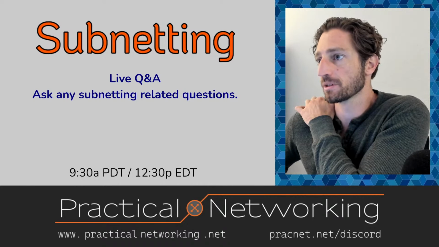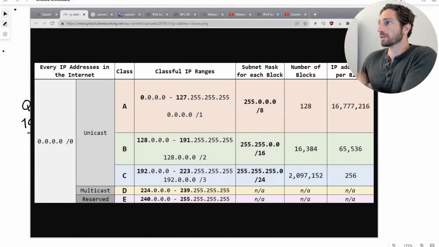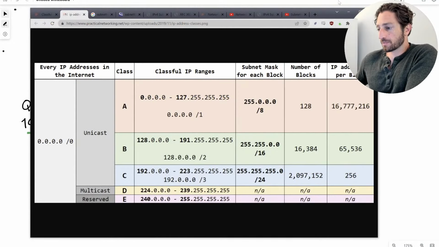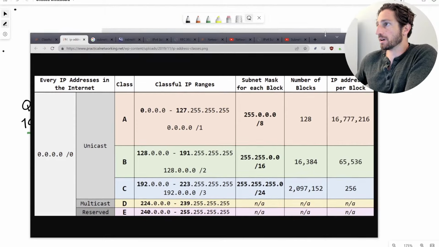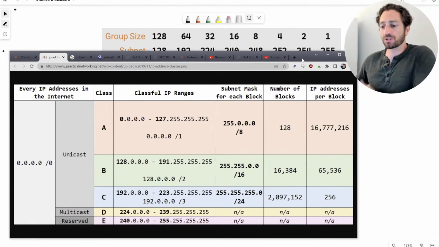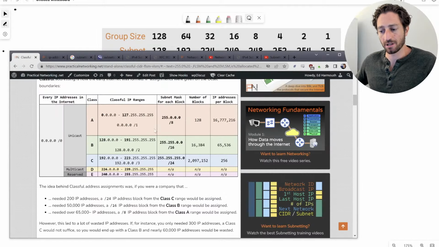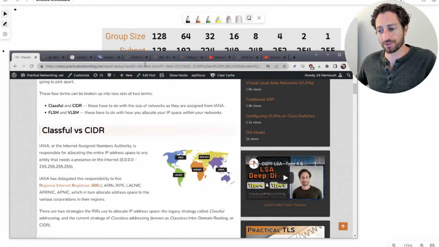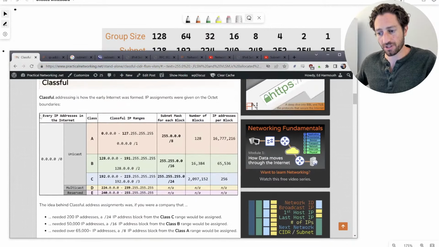Let me share my screen. Cool. So this chart is from an article on my blog. I'll put the link in as well.